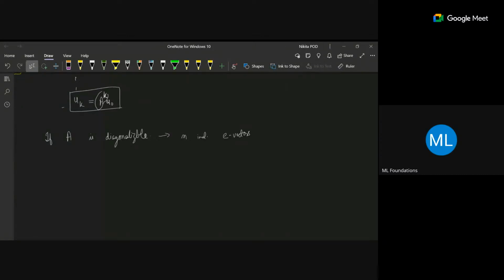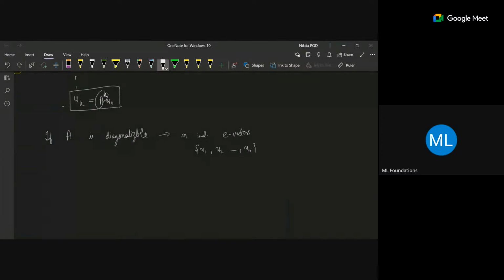Now, let's say this set of n independent eigenvectors are just x1, x2 up to xn. Okay. So what will happen? If I take any vector, so if I take u naught, I should be able to write this as a linear combination of these vectors.